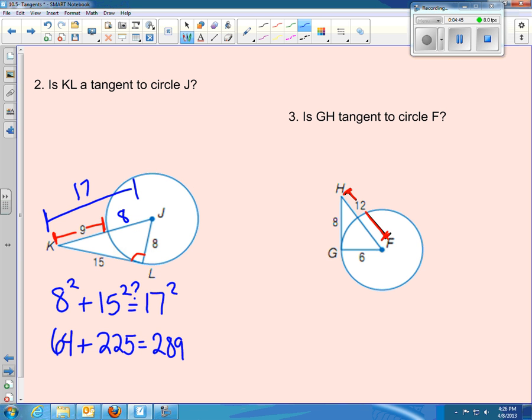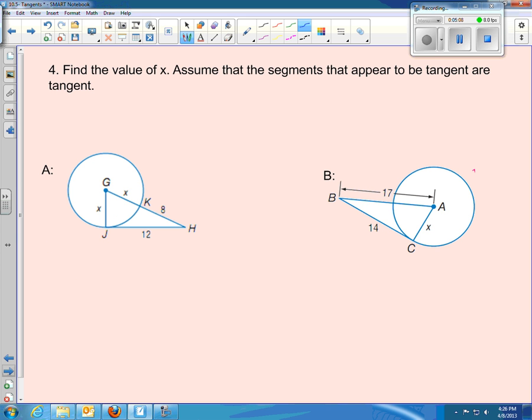So are those two equal if we add up those 2 points? Yeah, we get 289 equals 289. So we say that yes, this is a tangent to our circle. Go ahead and I want you to try 3 on your own, but this time you're going to just use 12 as our hypotenuse. So pause the video there, do that problem.